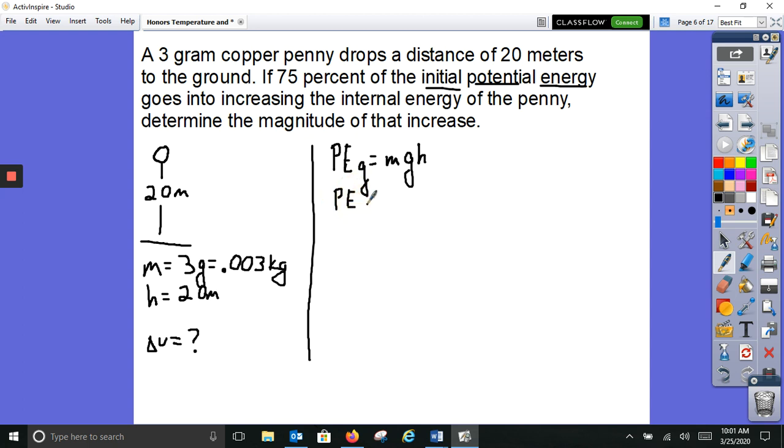We know that the mass we're going to use is the kilograms mass if we're going to get joules for energy. So we have 0.003. g is always the same number. It's always 9.81. And the height was 20.